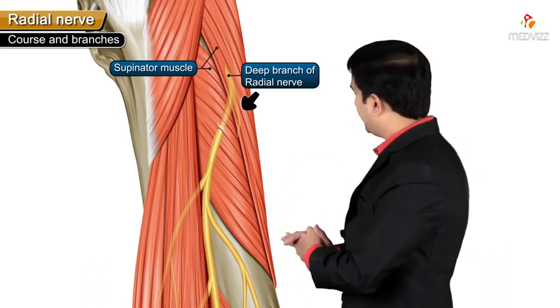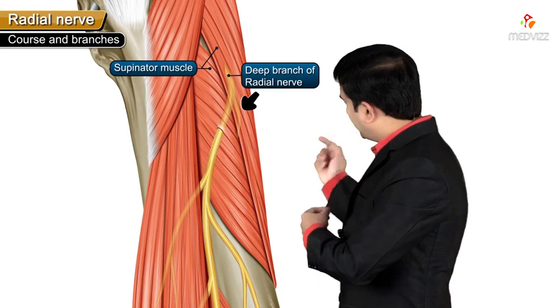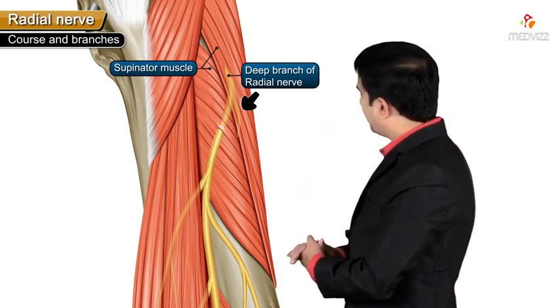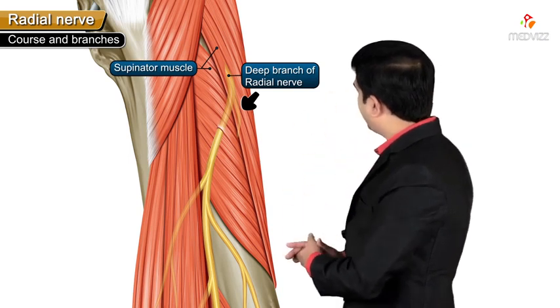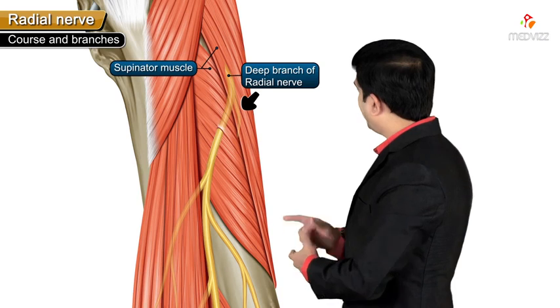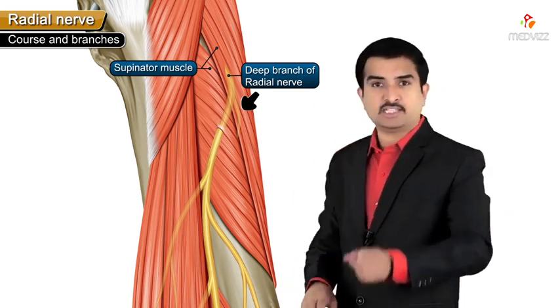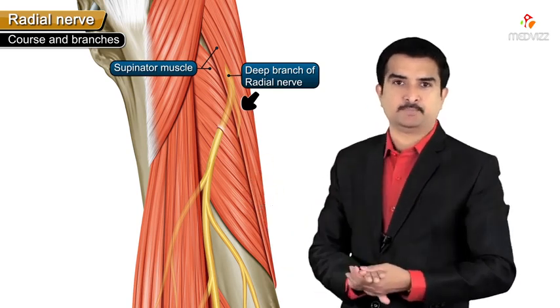We can see very clearly here. Just before the nerve passes within the radial tunnel, it has given off a branch to the supinator. That is the reason the supinator is supplied by the deep branch of the radial nerve, but not by the posterior interosseous nerve, nor by the main trunk of the radial nerve. This is what you have to focus on by seeing the picture over here.